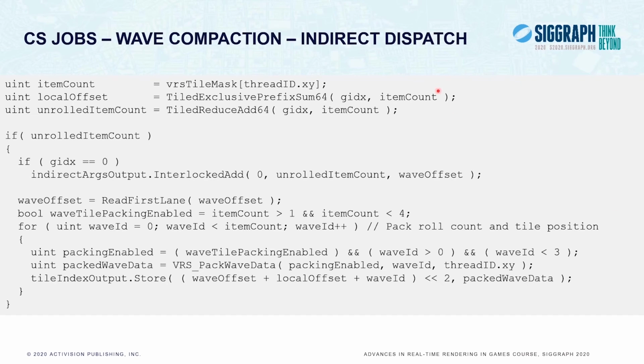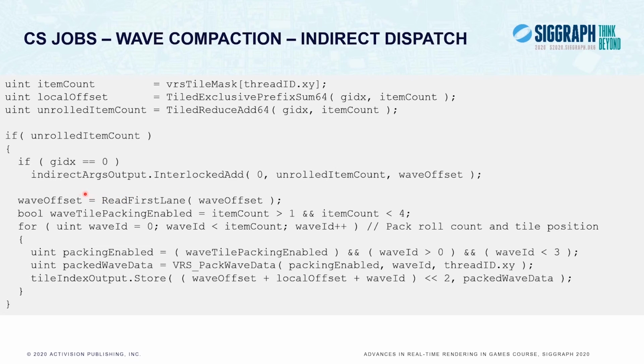Then the indirect dispatch shader would read the VRS tile mask itself. It would calculate the local thread offsets for indirect dispatch using tiled exclusive prefix sum. And it would also calculate how many unrolled items we actually need to shoot. That means how many wavefronts we would be issuing. If there are any wavefronts to be issued, we would update our indirect argument buffer, so we would actually issue more waves.